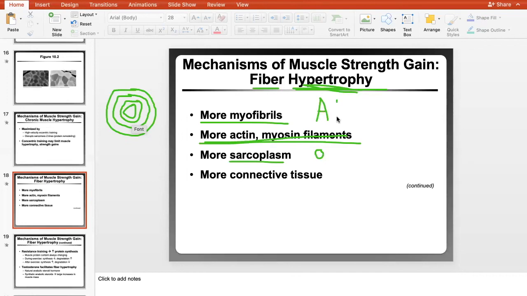The rate of ATP production will improve. So the rate of phosphorylation will improve. Anything that's designed to increase the ability of the muscles to lift and to do things powerfully are the major changes that are going to happen with resistance training.